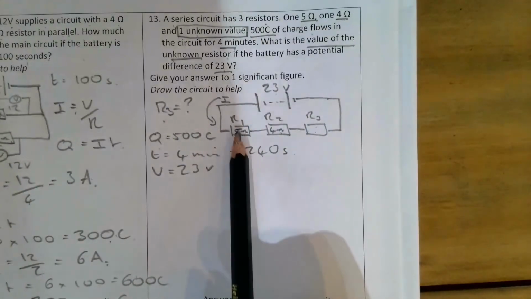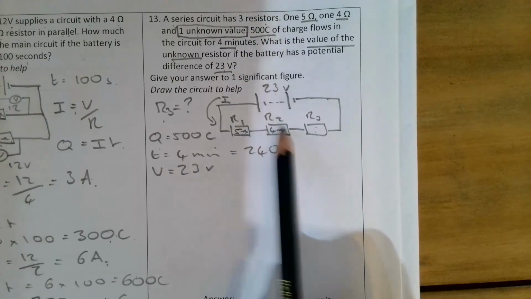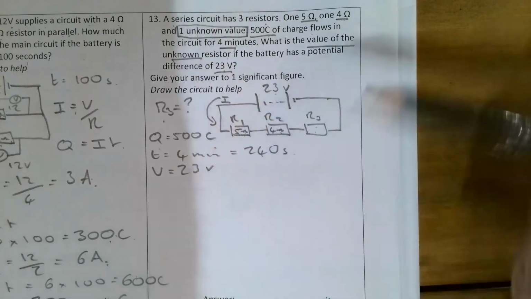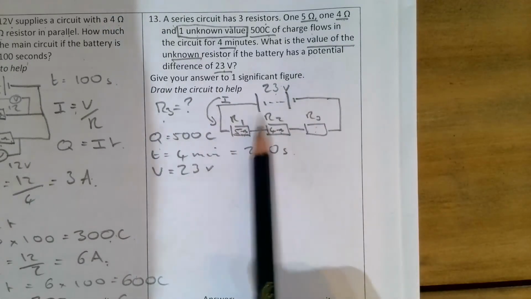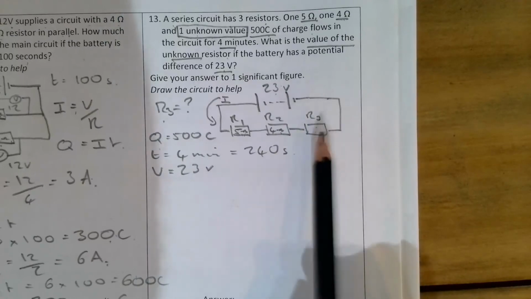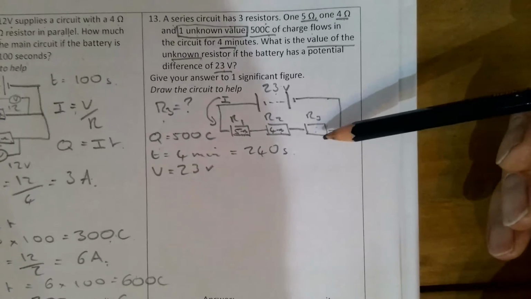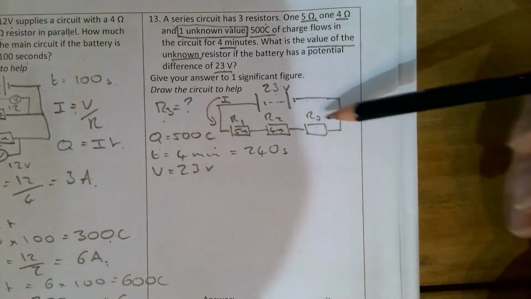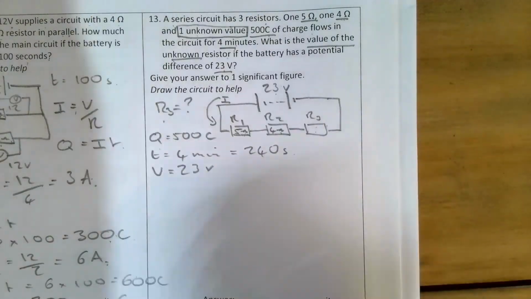If I know my voltage across R1 and my voltage across R2, I can add them together. The difference between 23 volts and that voltage will give me the voltage dropped across this resistor, and then I can calculate the actual resistance. There's lots of different ways of doing this, but that's what I'm going to do.